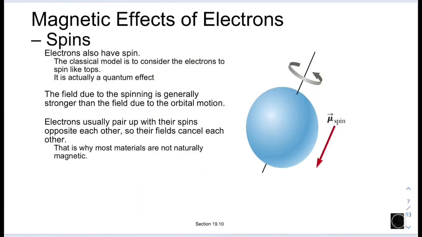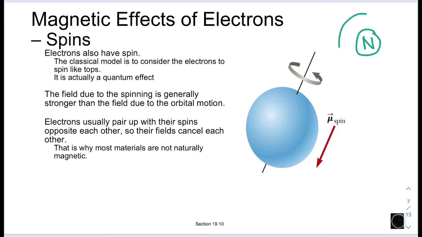Then now we're going to talk about electrons still, but about the spin itself, instead of revolving or orbiting. This is a nucleus, let's say.